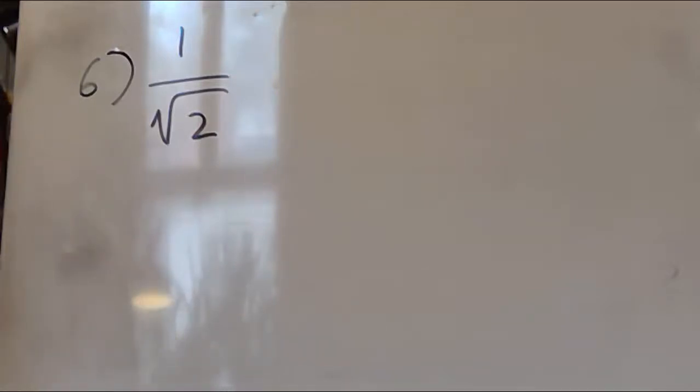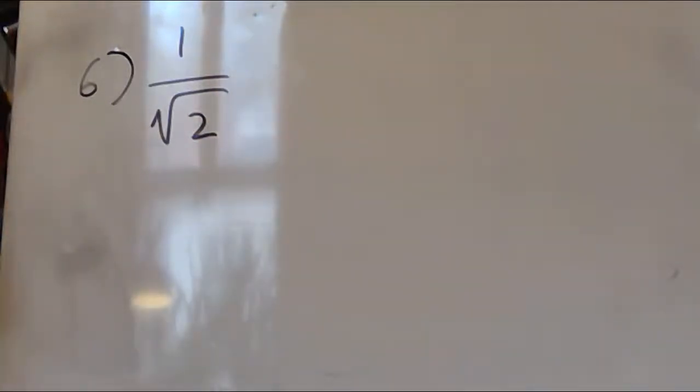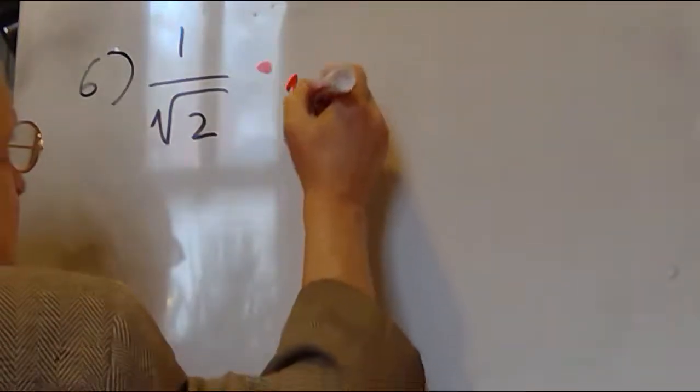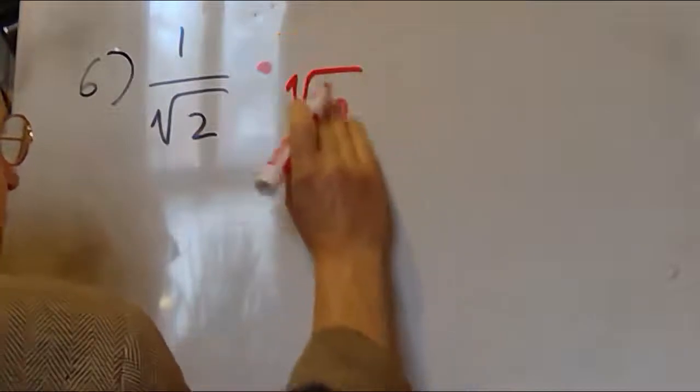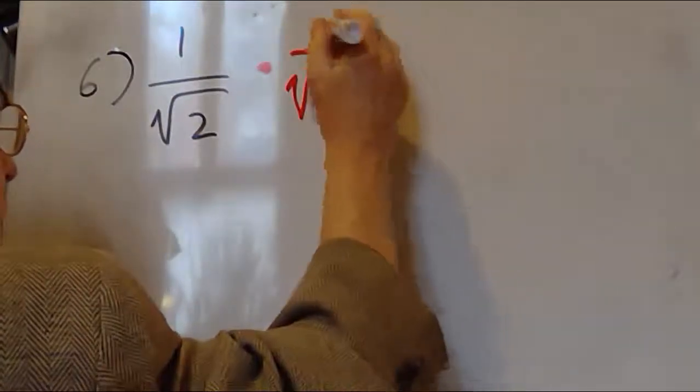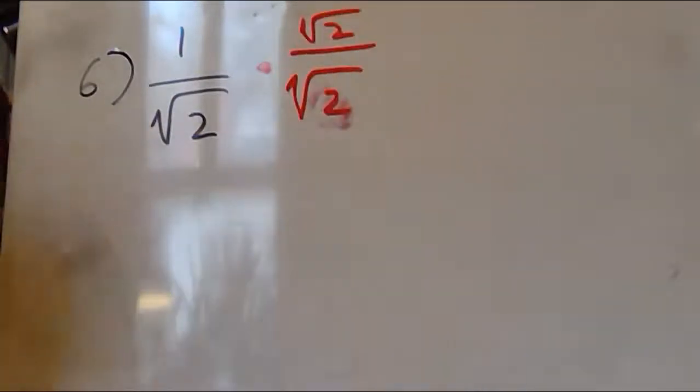So what you must do here is rationalize the denominator again. So I'm just going to multiply it by square root of 2 over square root of 2.